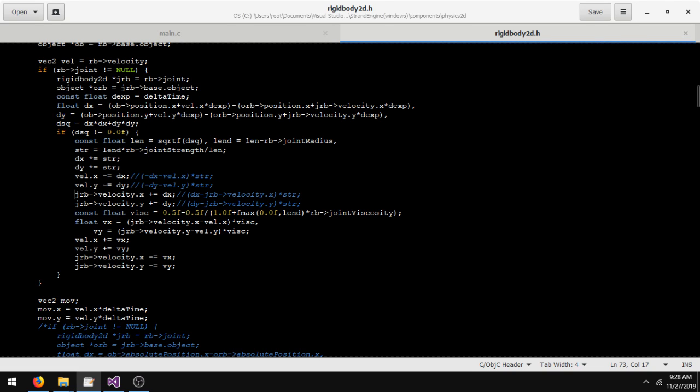I don't want to clamp it unless it's going this direction. Nah, that seems like a stupid approach as well.